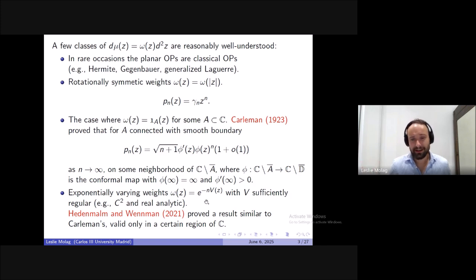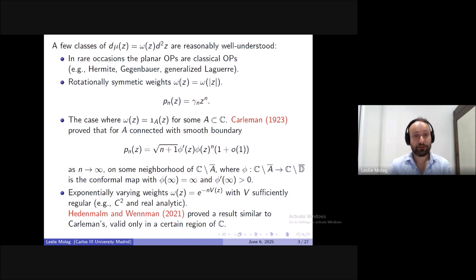There should also be a condition for how it behaves at infinity, such that the orthogonality is well defined. Quite recently, Hedenmalm and Wennman proved a result similar to Carleman's result, which is also valid in a certain region, but not in another region that we want to understand. I will explain this in more detail in a moment.